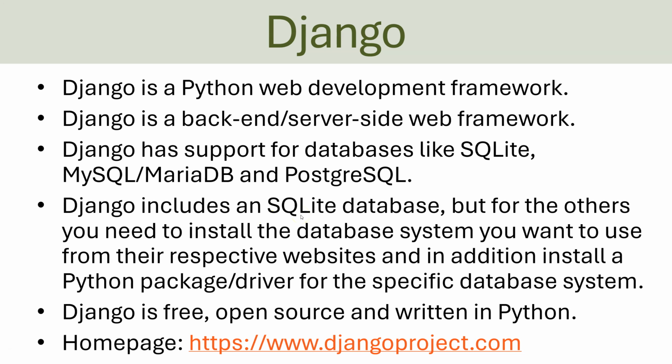That's the default database. But typically for more advanced applications or applications in production, or if you have applications with many users, etc., typically you should use another database system than SQLite, like MySQL, MariaDB, or PostgreSQL. And Django is also free and open source and written in Python.